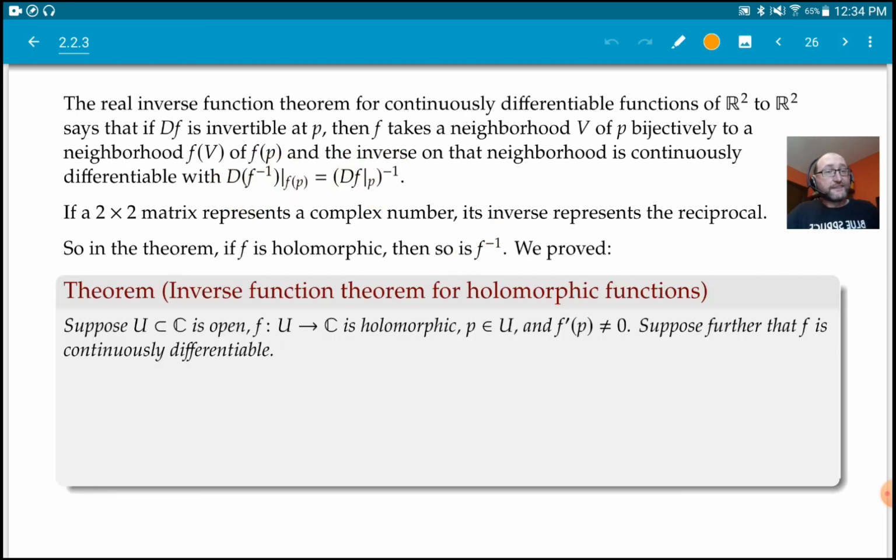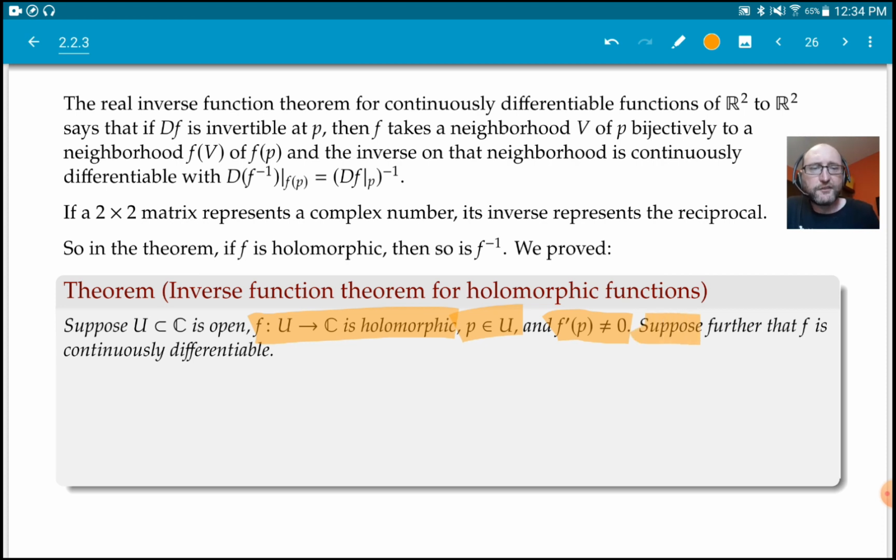So we can just state the inverse function theorem. We just write down the inverse function theorem for real functions. We write it down in terms of holomorphic functions. What does it mean for holomorphic functions? So suppose that I have a holomorphic function defined on some domain or some open set, and we have some point p in this set, and the derivative of f at p is non-zero.